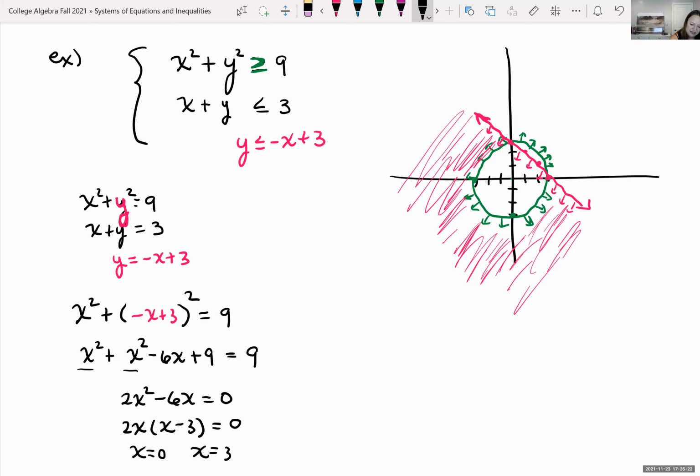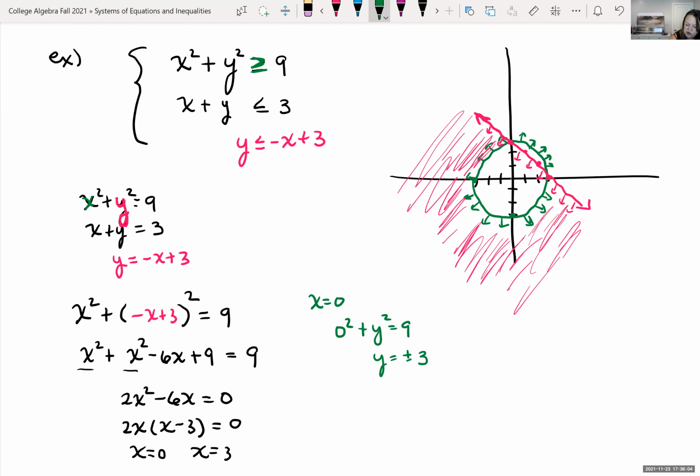If we go back in here and plug in 0 for x, we would get 0 squared plus y squared equals 9. The thing is, that's not going to give me a correct solution, because we would then get y equal to plus or minus 3.